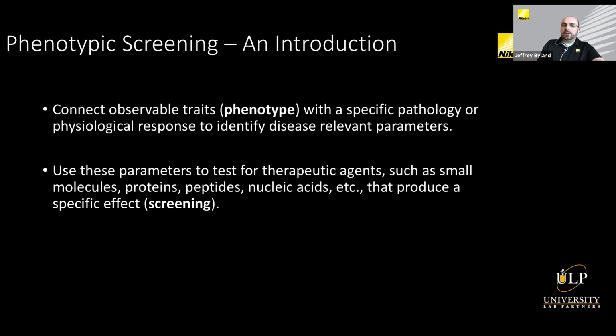And then we use those parameters to test for therapeutic agents. So small molecules, proteins, peptides, nucleic acids, other biologicals, even cells now as a therapeutic that can produce a certain effect, right? And so that's the screen, is we look for this effect on the phenotype.